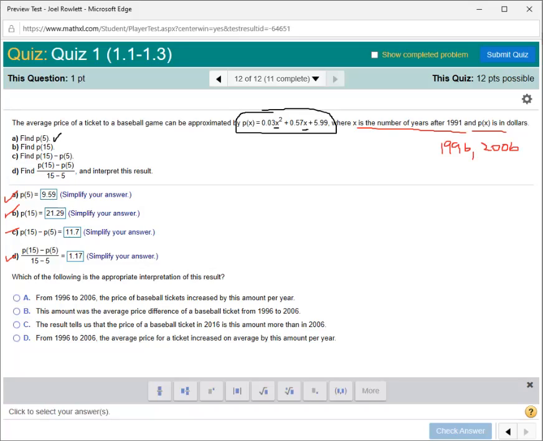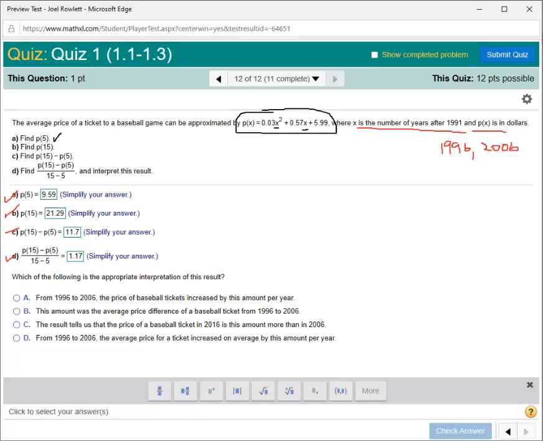Okay, so it looks to me like we can probably rule out B and C. Let's check. B says this amount was the average price difference of a baseball ticket from 90, oh, I don't know. I'm not going to rule that out yet. Let's go through all of these. Part A, from 1996 to 2006, the price of baseball tickets increased by this amount per year.